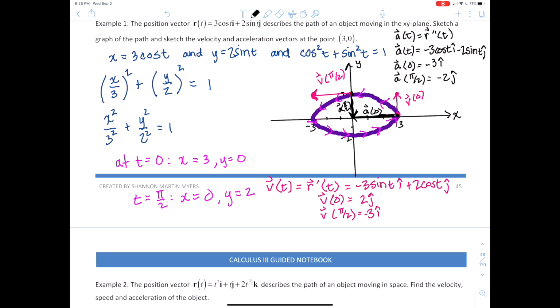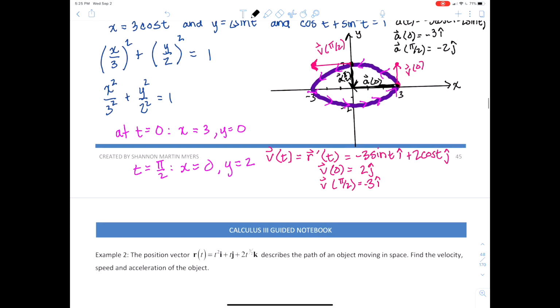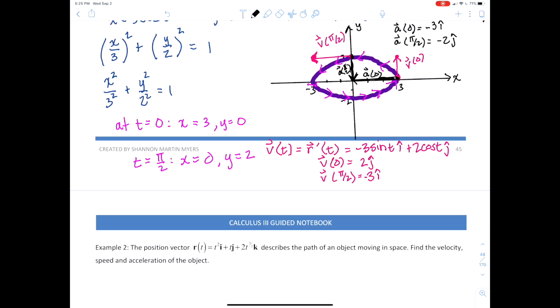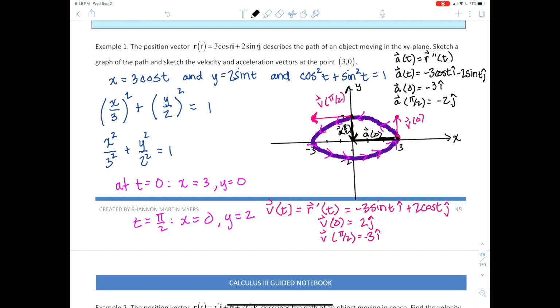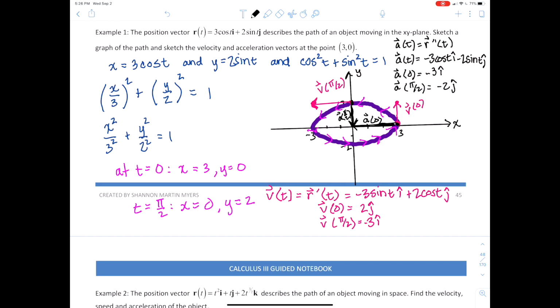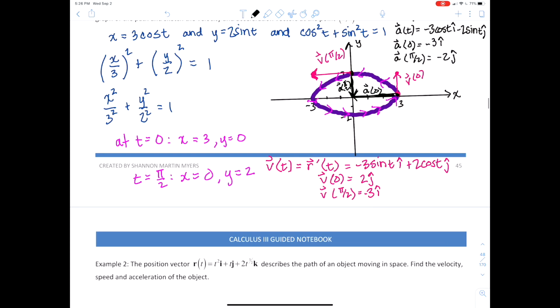Now, what do you notice about these? It turns out your velocity and acceleration vectors at a given value of your parameter are going to be orthogonal. Cool, cool? Perpendicular. Okay, so I think we did all of that because we found the velocity and acceleration vectors at the point 3, 0. We went a little beyond. We also did it at another point, but we're all good.